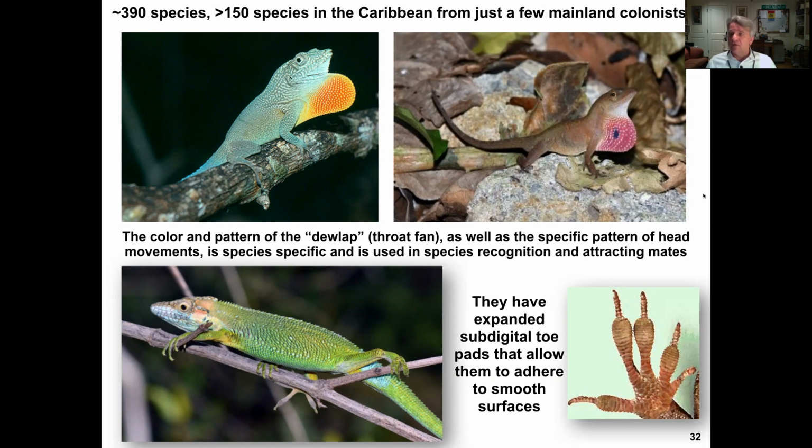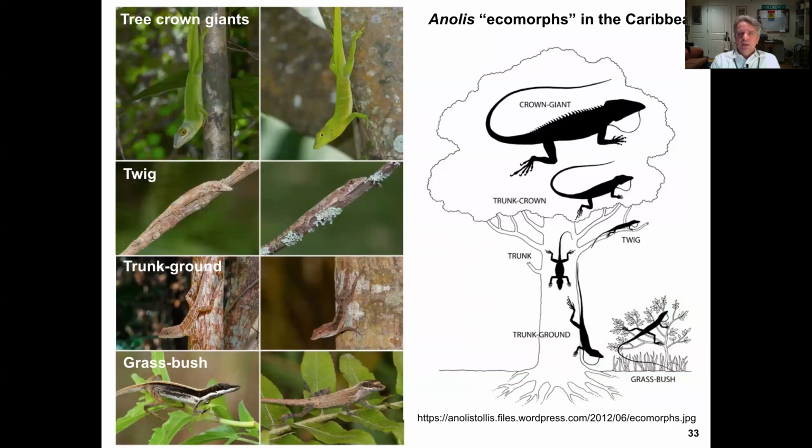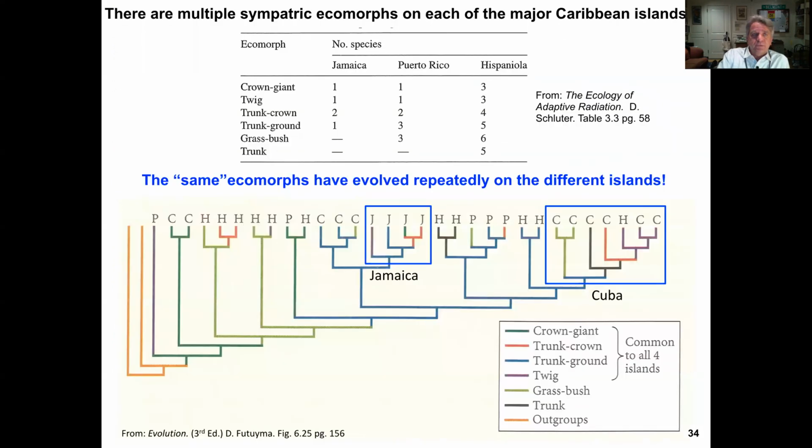And these island lineages are thought to have been initiated by just a few mainland colonists. And the anolis exhibit these different ecomorphs where they're occupying different habitats in trees and on the ground and in shrubs. And the morphology we see corresponds to these different habitats that they're utilizing, hence ecomorphology, ecomorphs.